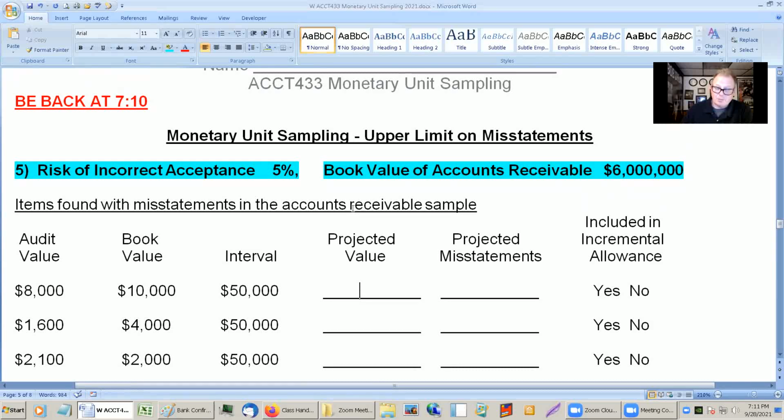They have given pretty much this exact problem, this exact layout, several times on the CPA exam. When I was going through, we used the same basic type of problem.